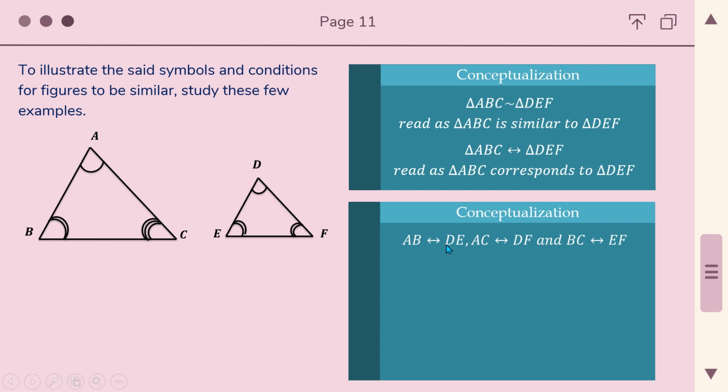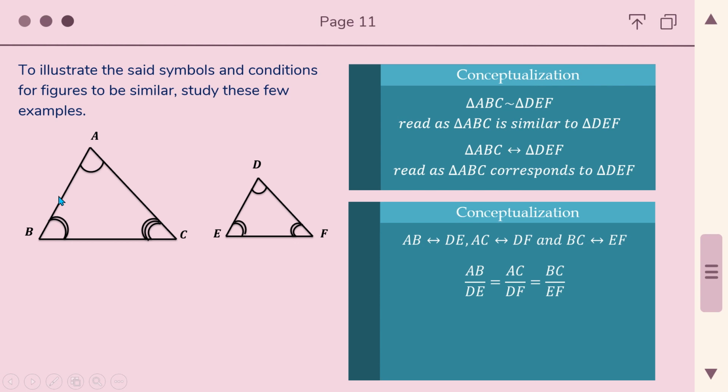AB corresponds with DE. Asam ng AB? The left side corresponds with DE. Then AC, the right side, right leg, corresponds with the right leg of the smaller triangle DF. And BC is the base of the bigger triangle, corresponds with the base of the smaller triangle EF. Such that AB over DE, ratio na.